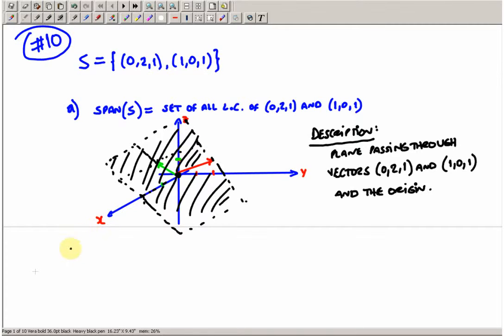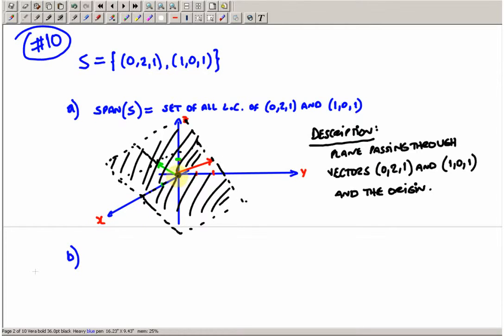Part B: what vector can we add to S to make it span R3? Now, the span of S is not R3, obviously. It's just a plane. So to get R3, we need an extra vector that is off the plane.